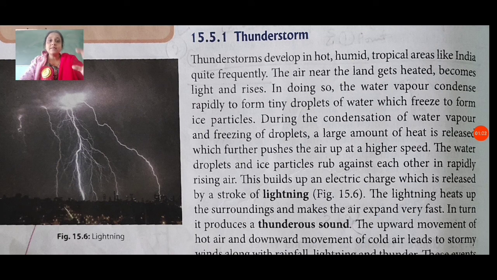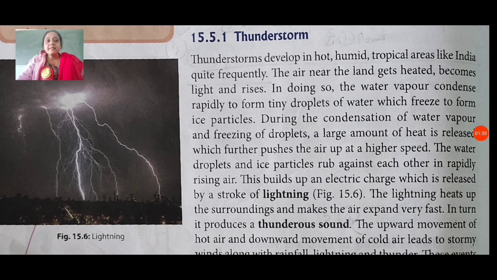You can see here the lightning. We are all familiar with lightning; we have almost all seen this picture in the sky when the monsoon season is going on. The air near the land gets heated, becomes light and rises. In doing so, the water vapor condenses rapidly to form tiny droplets of water which freeze to form ice particles.